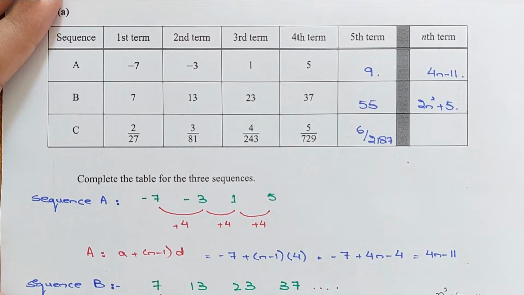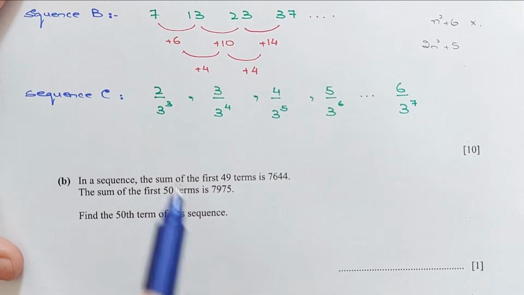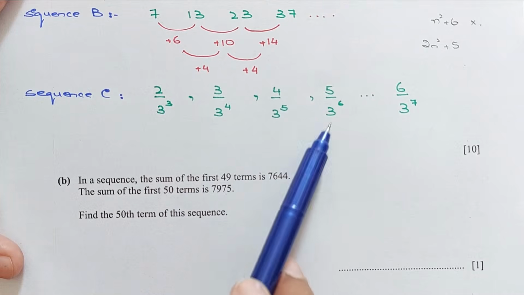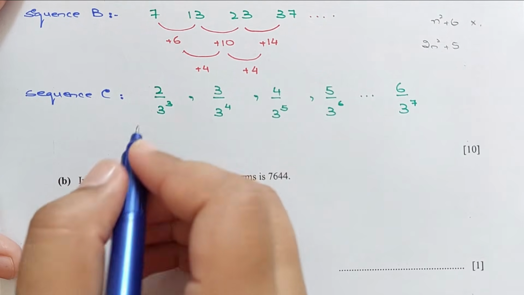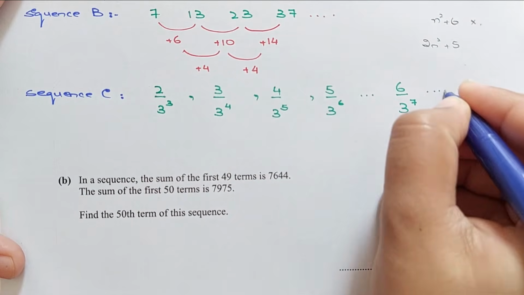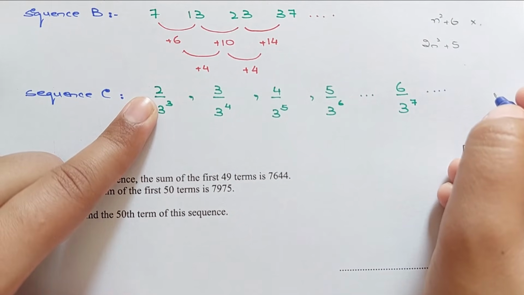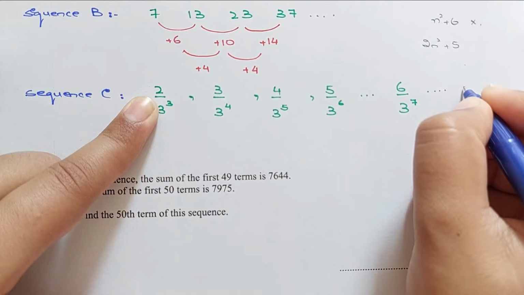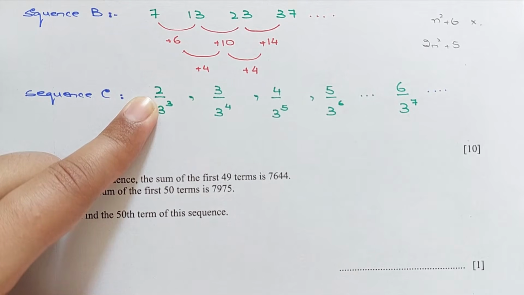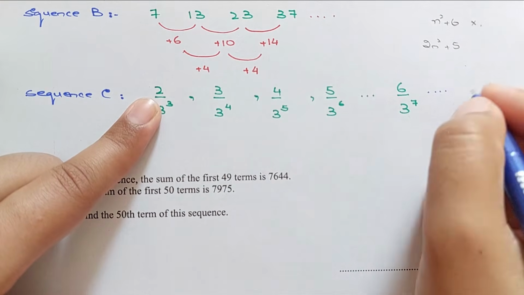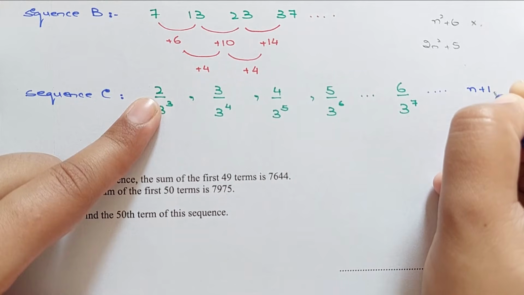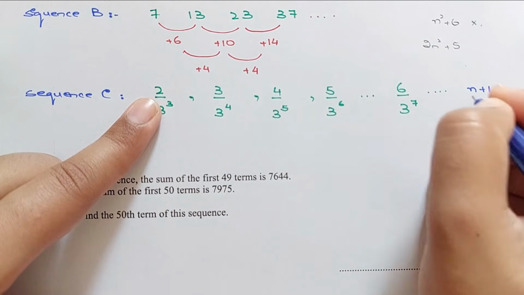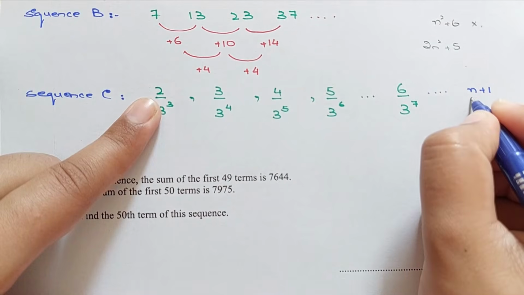Let me solve the nth term. As you can see, we have 3 power 3, 4, 5, 6 and 7 and so on, and numerators 2, 3, 4, 5, 6. So what is the nth term? When n is 1, we have 2 in the numerator, so this is n plus 1: 1 plus 1 is 2, 2 plus 1 is 3, and so on, up to 5 plus 1 is 6.